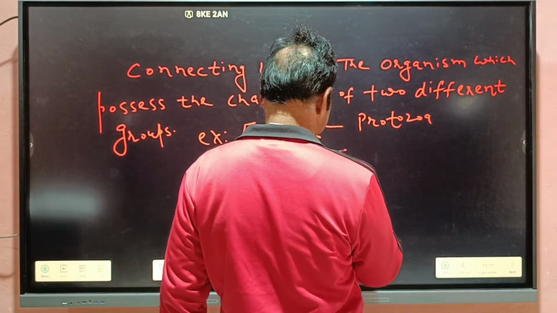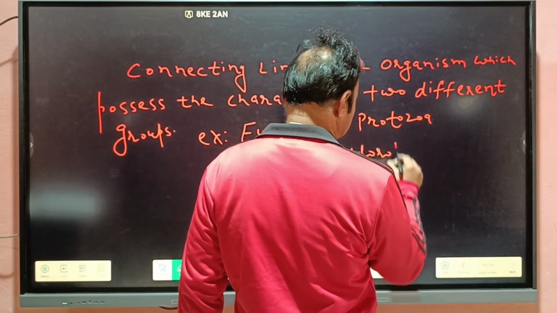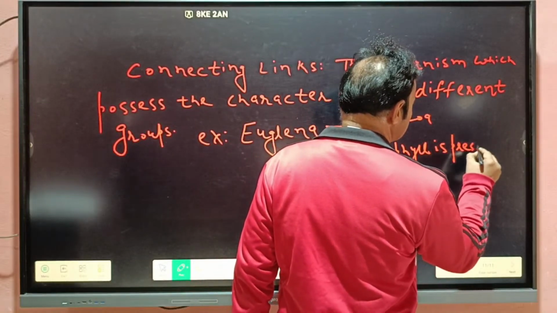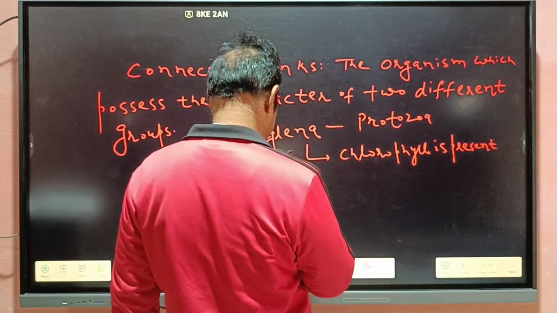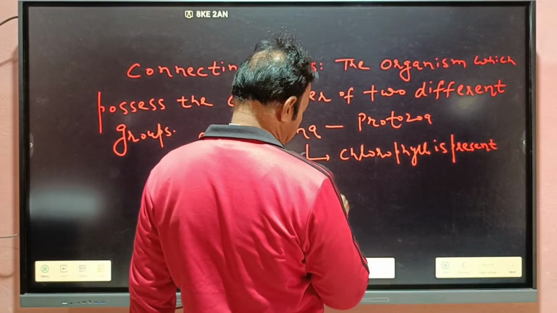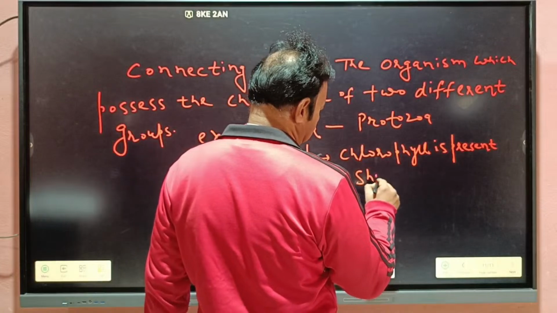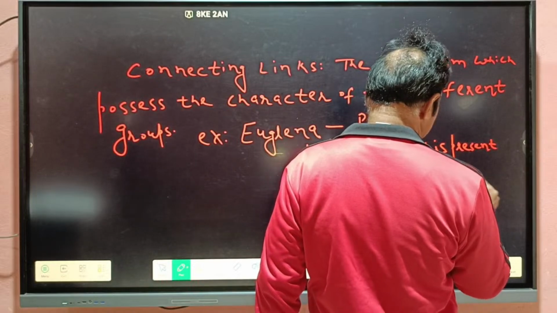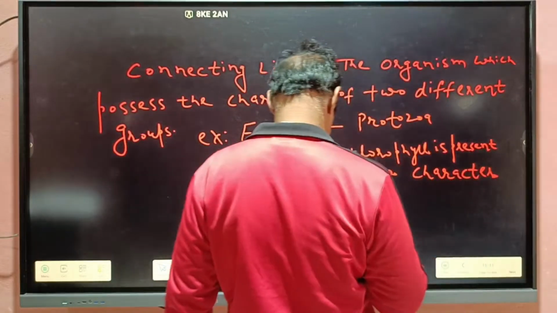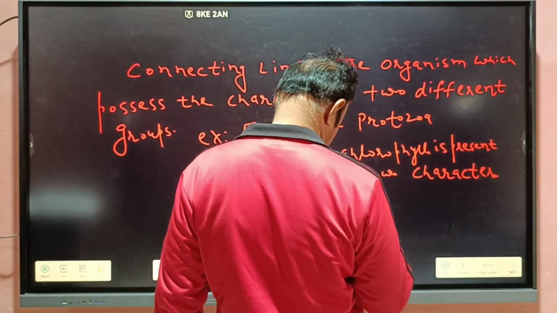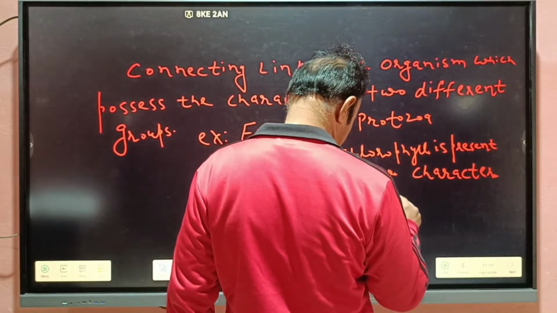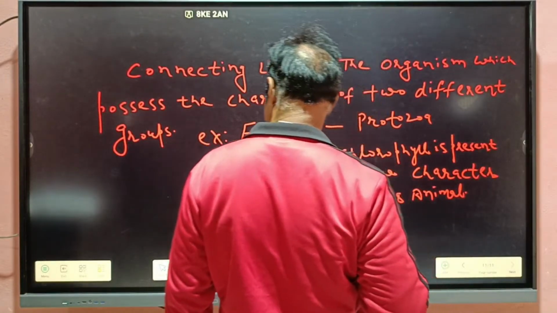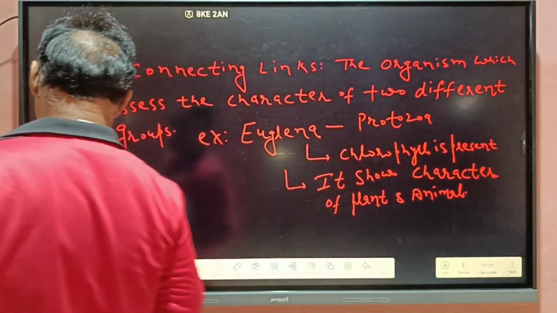Chlorophyll is present, and it shows the characters of plant and animal.